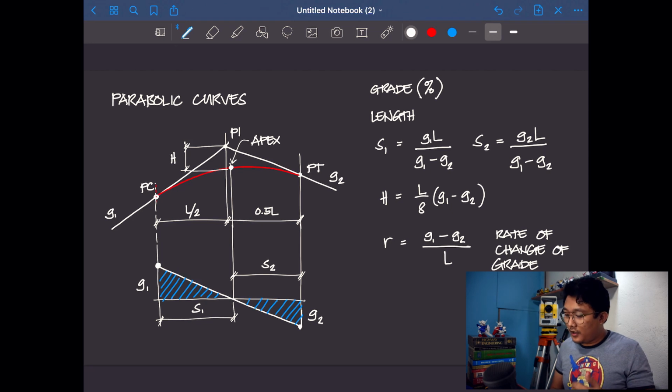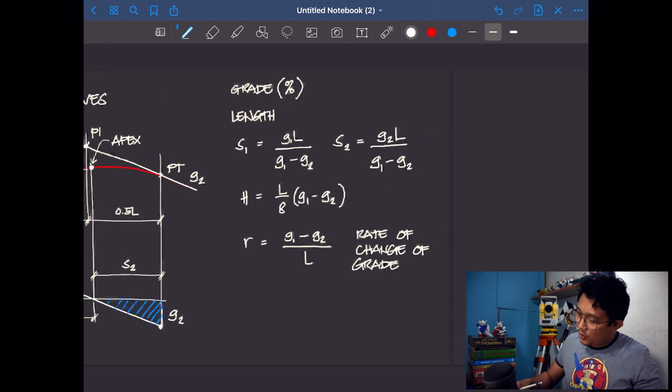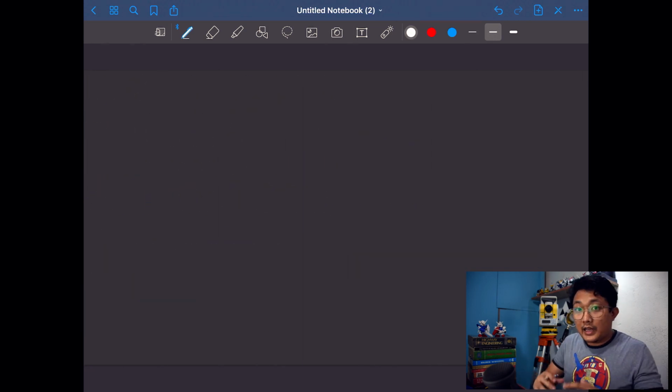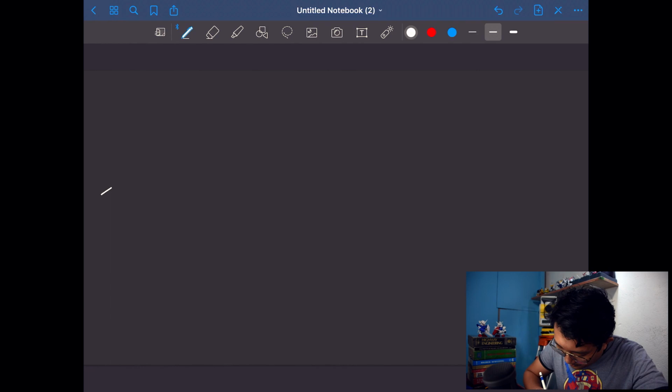So next, what if we want to determine the elevation at the apex? Or for that matter, the elevation on other parts or on arbitrary parts of the curve. We have to go to our next page here and allow me to redraw our parabolic curve here.